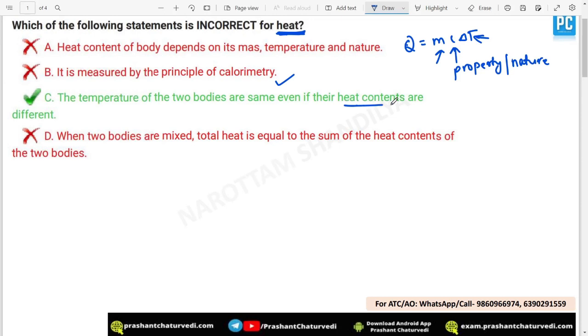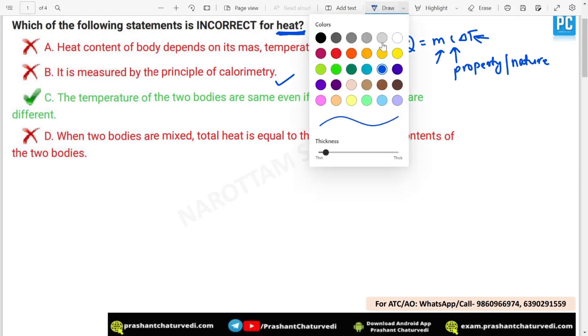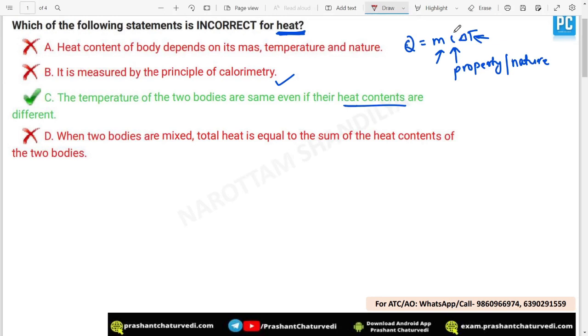If their heat contents are different, it is not necessary that the temperature of both bodies is the same. It can be possible in certain cases, if the specific heat is manipulated accordingly, but it is not always true. That's why this option is wrong.